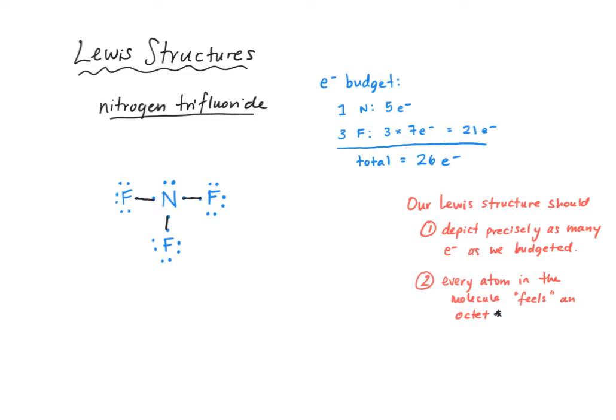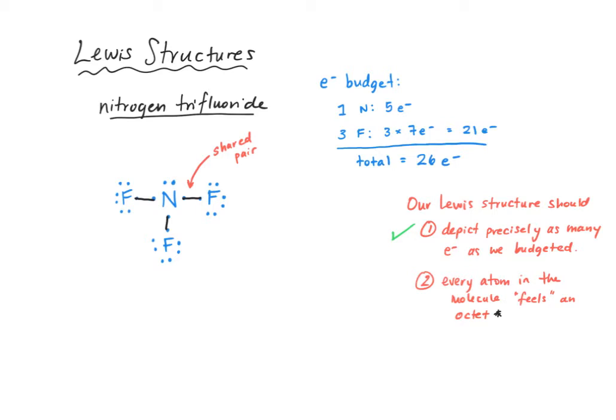So we have shown just as many electrons as our budget requires. What's more is that every one of these fluorines we just recognized feels 8 electrons around it. We say that the bonds between atoms represent a shared pair of electrons, a shared pair of electrons that each atom feels as though it's got.